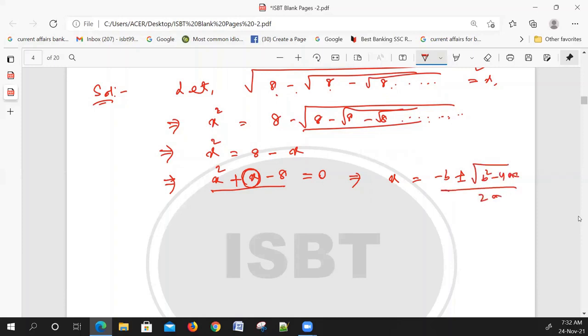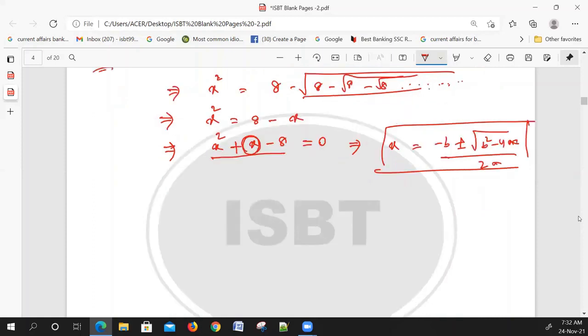This is a universal formula. We apply it here. Here a is 1, b is 1, and c is minus 8.